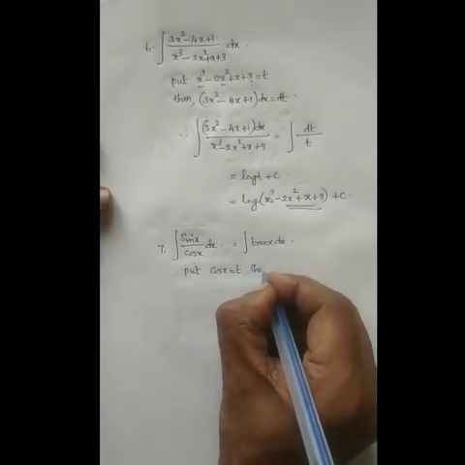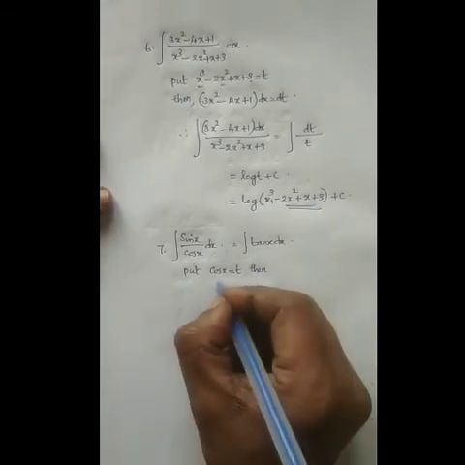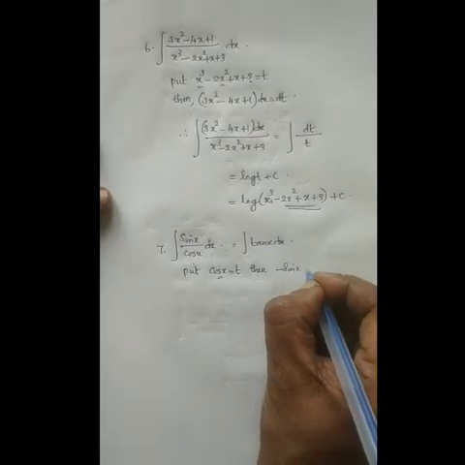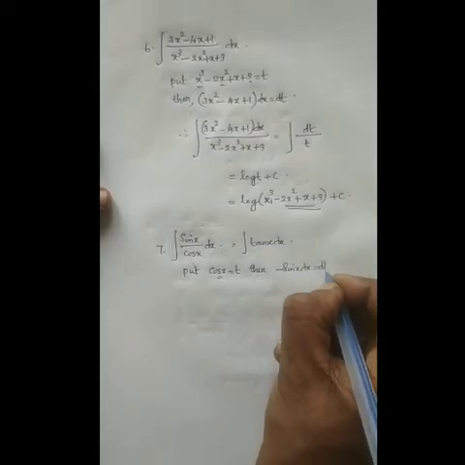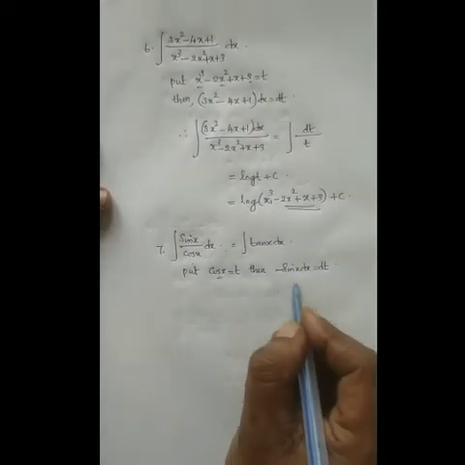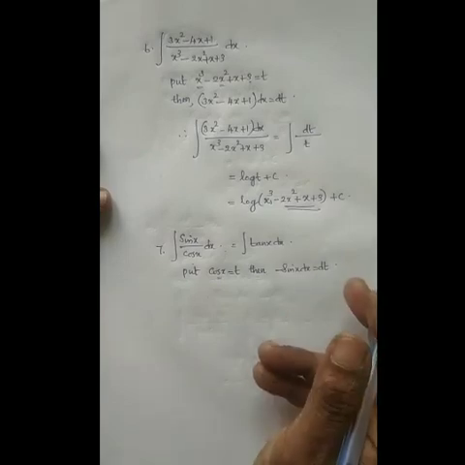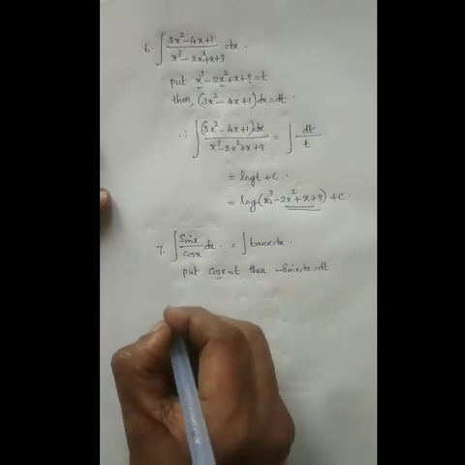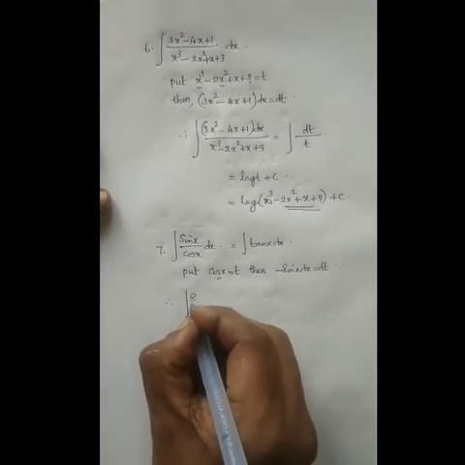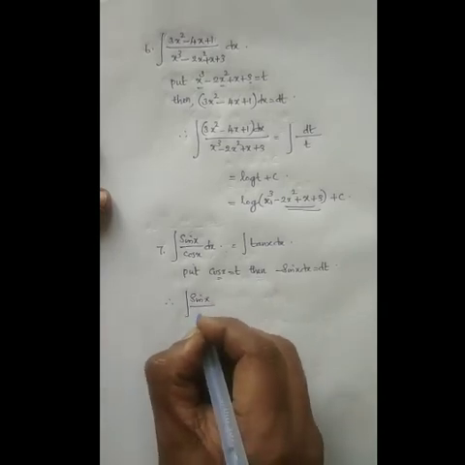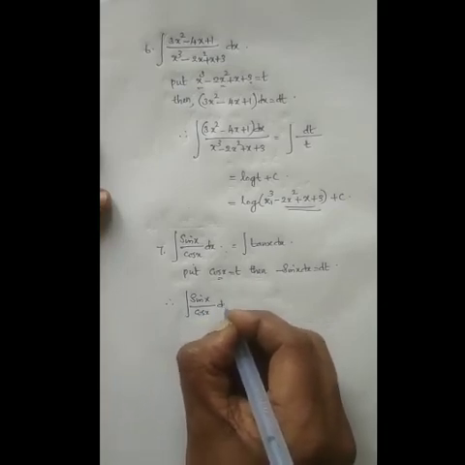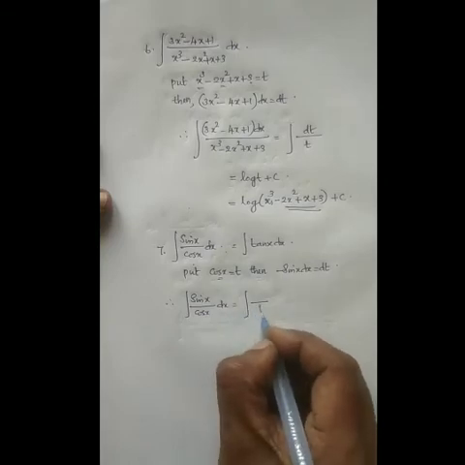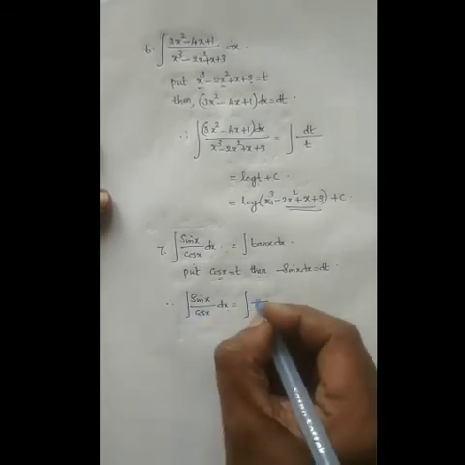Then differentiating, we get, differential of cos x is minus sin x dx equal to dt, or sin x dx is equal to minus dt. Sin x dx is equal to minus dt, and the integrand equal to sin x by cos x into dx equal to integral of, cos x equal to t and sin x dx is minus dt.